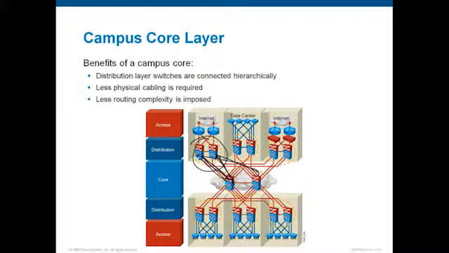We're going to add perhaps 2 or 4, depending on the level of redundancy that we want. And again, it's like a big interstate or turnpike type highway. If I connect to the highway, I'm connecting to the rest of the state. Same thing here. If I connect to the core from each building distribution, then I'm connected to the rest of the network. So less routing complexity, less physical cabling, and a more hierarchical and clean network architecture. Let's take a look at some other examples now.